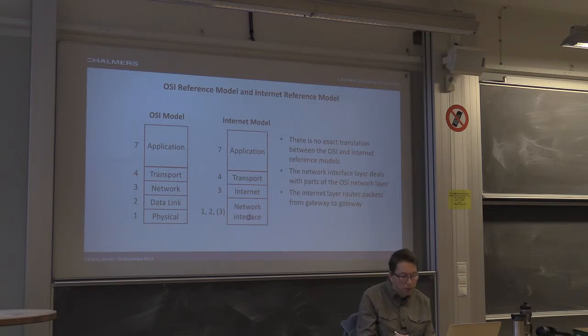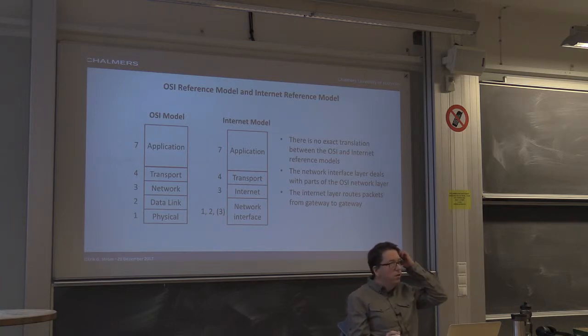When we talk about layer number 1, we typically talk about the physical layer. We never call this layer 1 to avoid confusion. Okay. I don't know if I was able to avoid confusion here, but anyways. So first of all, there is no exact translation between layers. The network interface layer deals with parts of the OSI network model also. The internet layer here in the internet model is the one that provides the connectivity between networks. So the IP layer, as we will see later on, from gateway to gateway.